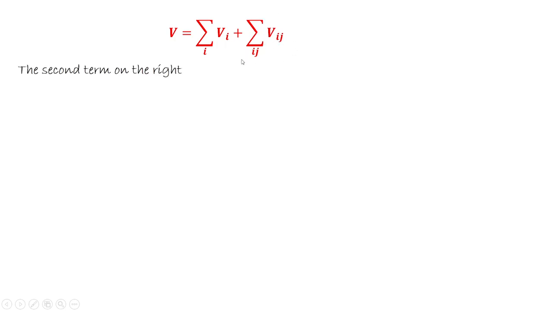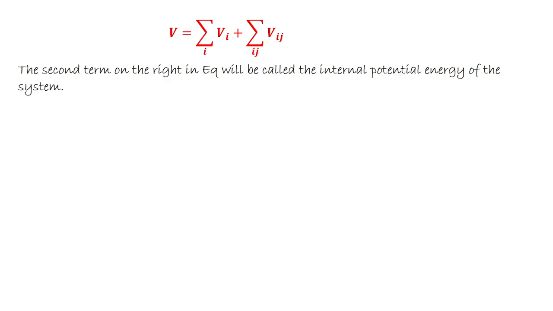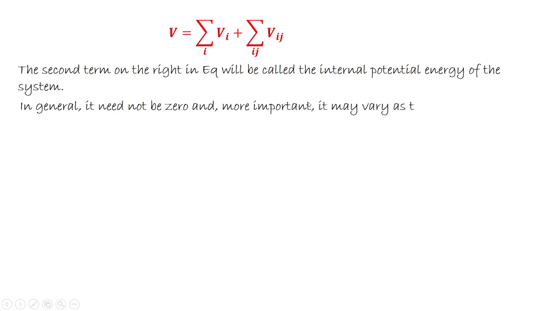The second term on the right side of the equation will be called the internal potential energy of the system. In general, it need not be zero, and more importantly, it may vary as the system changes with time.